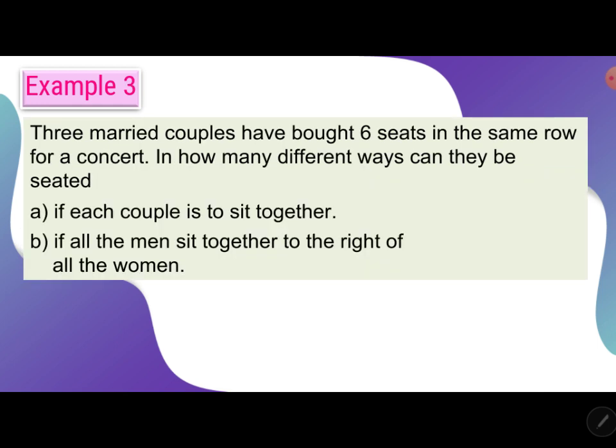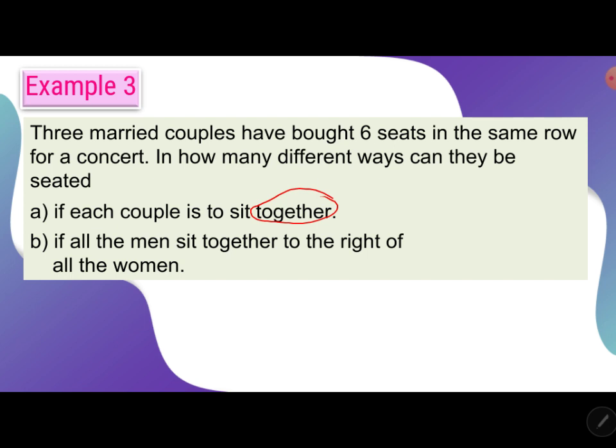Example 3. 3 married couples have bought seats in the same row for a concert. So maybe they want to watch a Siti Nurhaliza concert, or maybe they want to watch an Adele concert, right? So in how many different ways can they be seated if each couple sits together? So if they sit together, we must group them together.